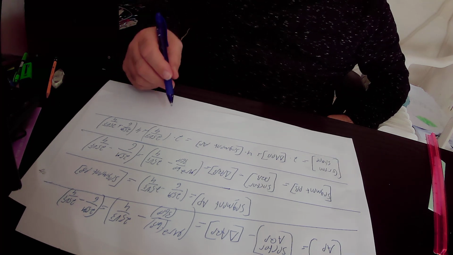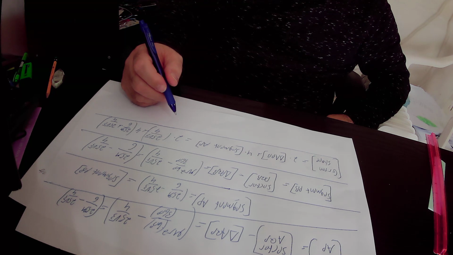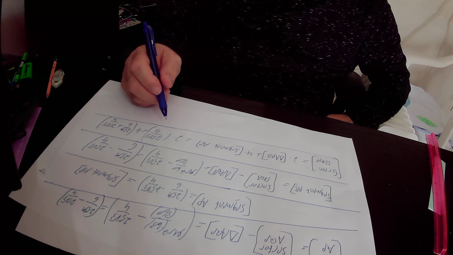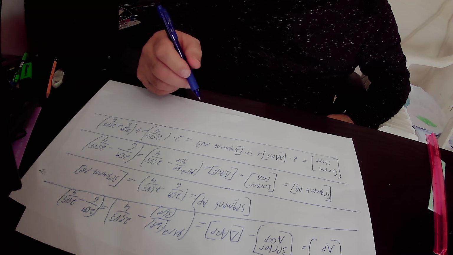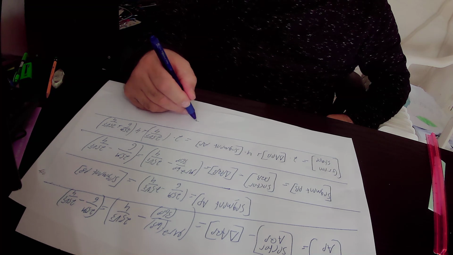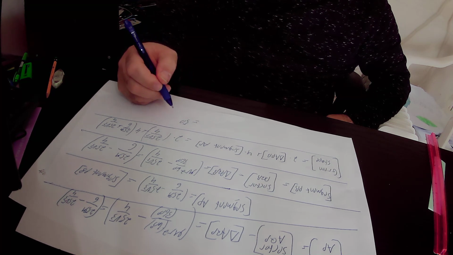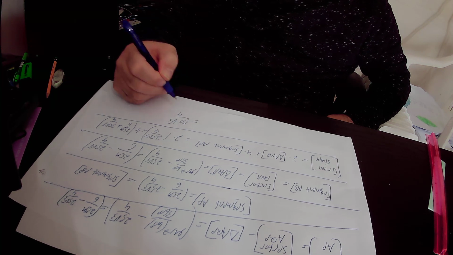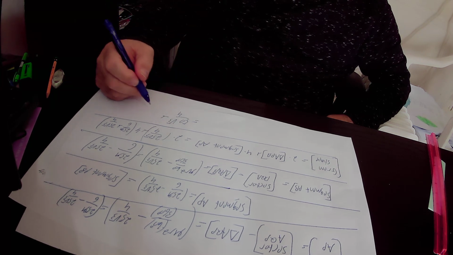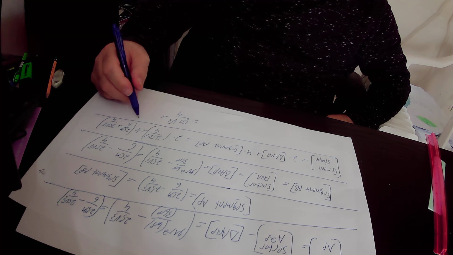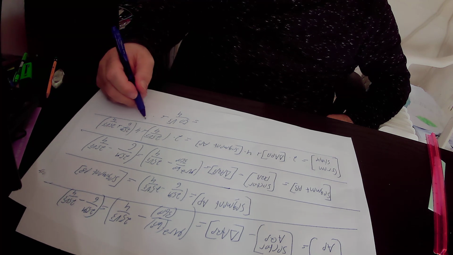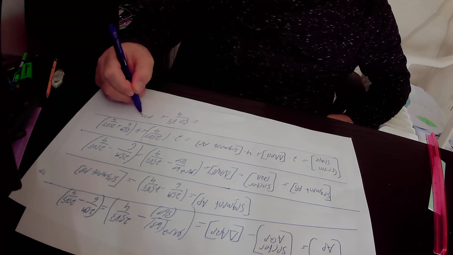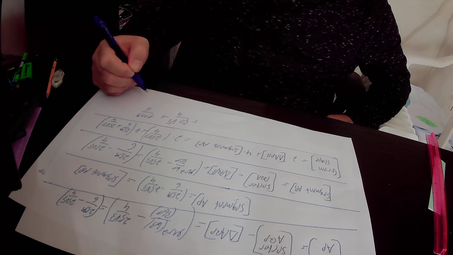So 2 times 25 is 50. So it is 50 times square root of 3 over 4, plus 4 times 25 is 100. So this expression equals 100 pi over 6.